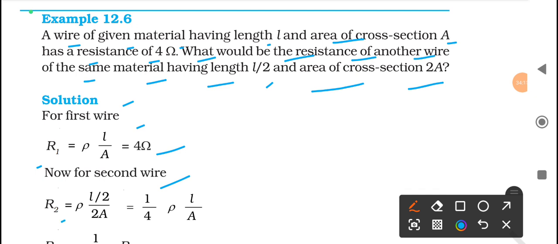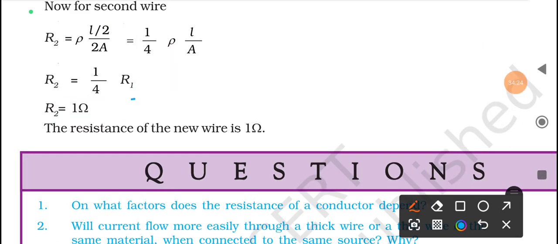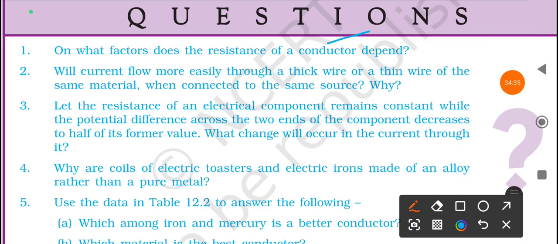For first wire, R1 is equal to rho into L by A is equal to 4 ohm. Now for second wire, R2 is equal to rho L by 2 by 2A is equal to 1 by 4 rho L by A. R2 is equal to 1 by 4 R1. R2 is equal to 1 ohm. The resistance of the new wire is 1 ohm.